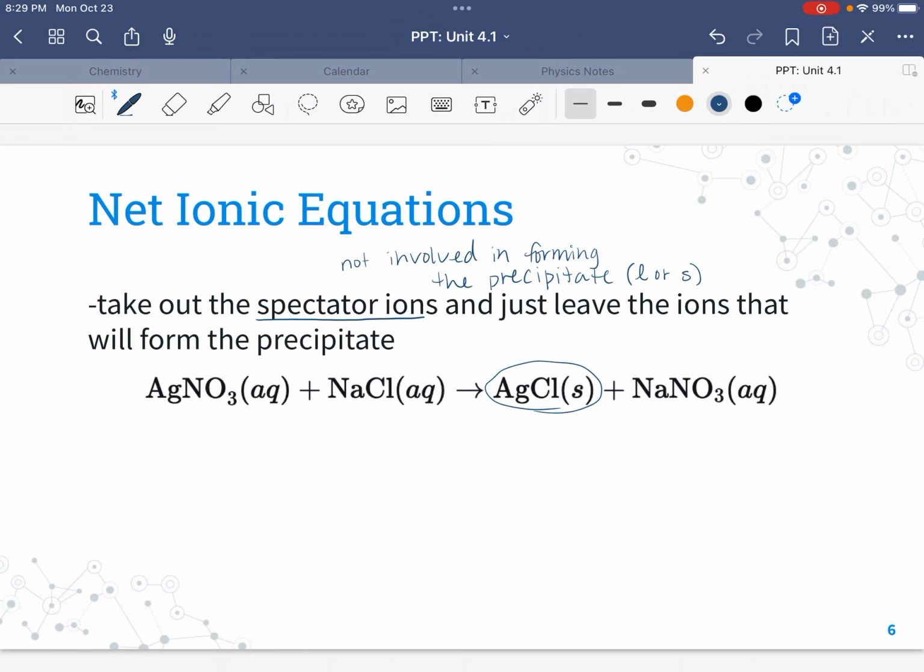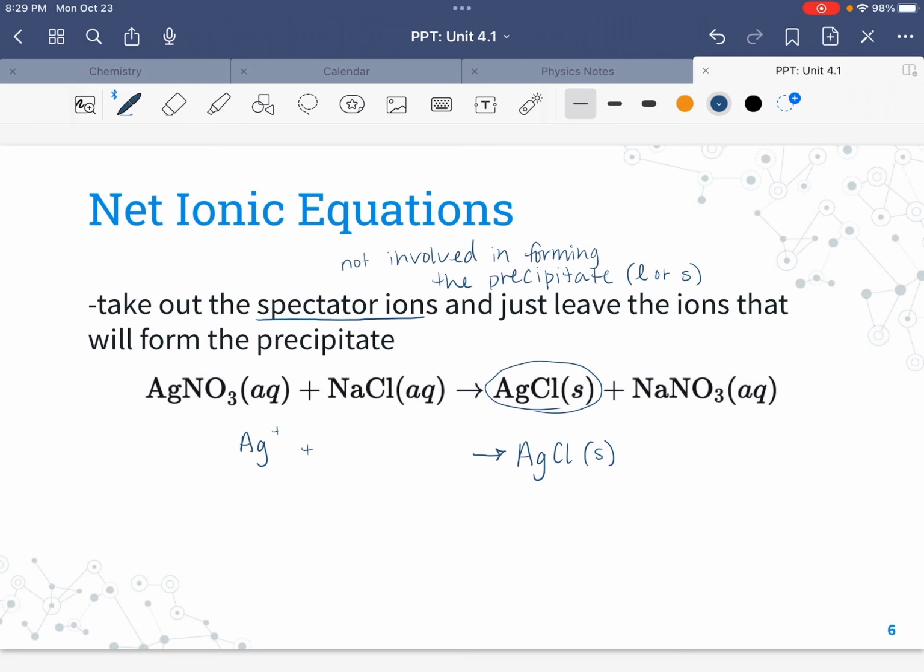Because our solid that was formed is AgCl, we're going to go ahead and write that as our product. The only ions that we're concerned with on the reactant side are the ones that actually form this solid. So from this first salt, the AgNO3, we pulled the Ag, which has a charge of +1, or I guess we would just put the plus.